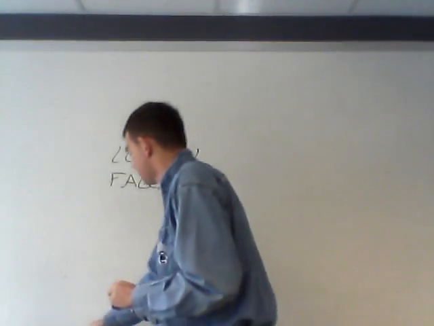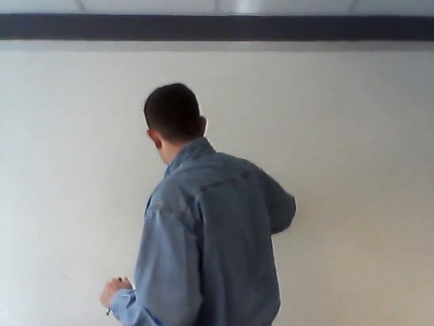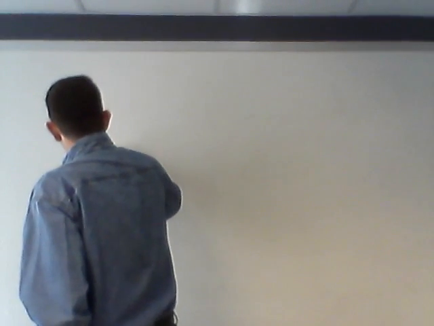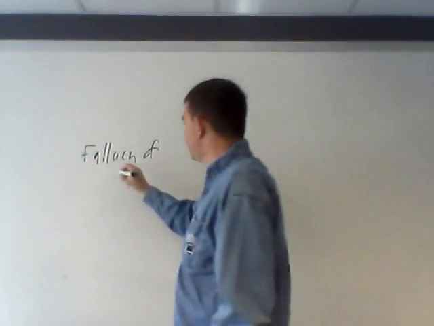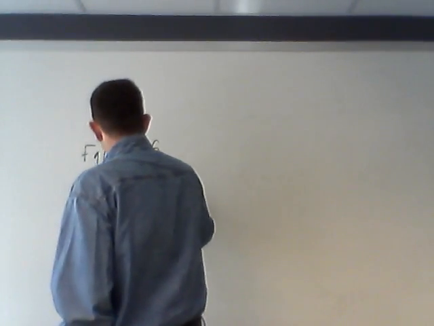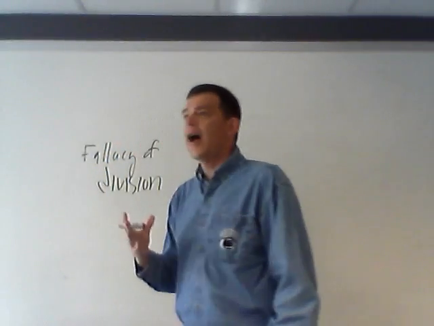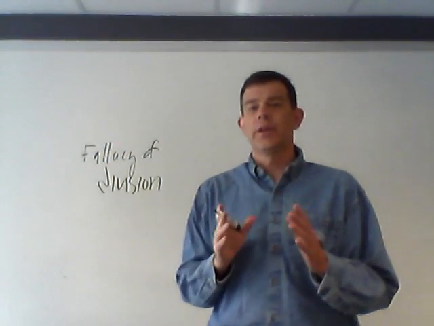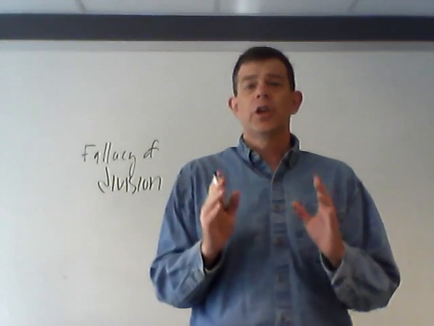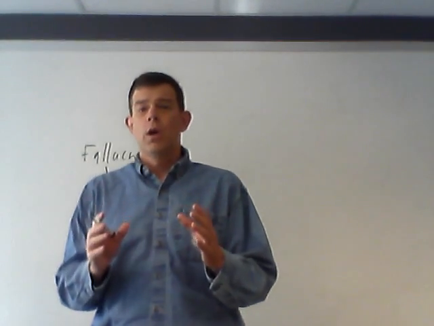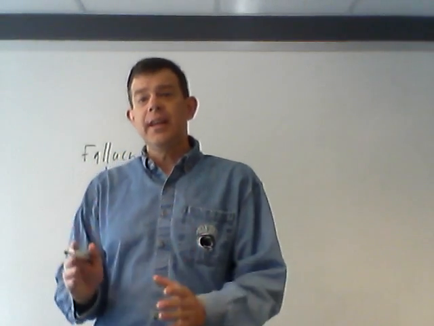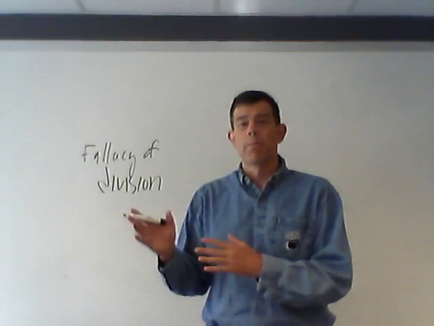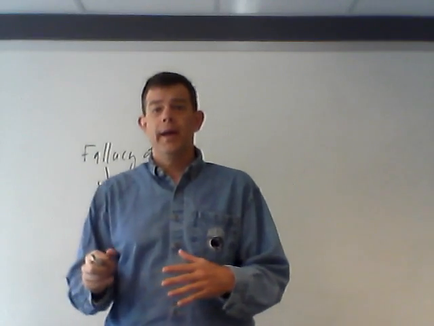The first is something called the fallacy of division. What's a fallacy of division? The fallacy of division basically says this: just because something is true about the whole unit, that does not mean it is equally true of its component parts.